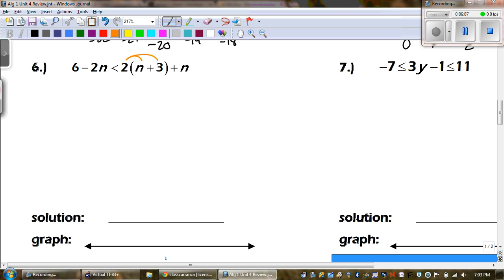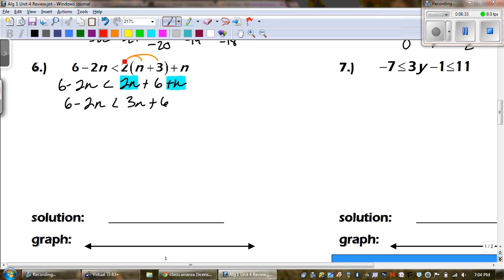Once again, we have to distribute, and we just distribute on the right side, I'm sorry. 2 times n is 2n. 2 times 3 is 6. Do we have any like terms? We do on the right side. So 6 minus 2n is less than 3n plus 6.